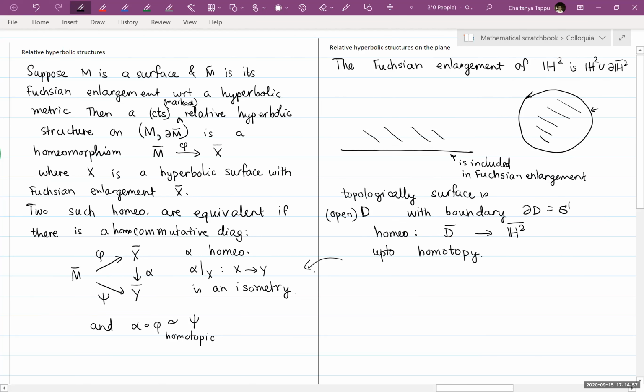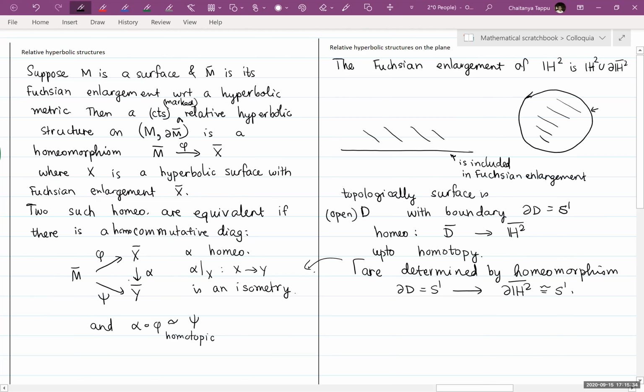But homeomorphisms of the disk to itself, up to homotopy, are determined by the homeomorphisms of the circle at infinity. So they are determined by homeomorphisms from the boundary, S1 to the boundary of H2, which is also S1.